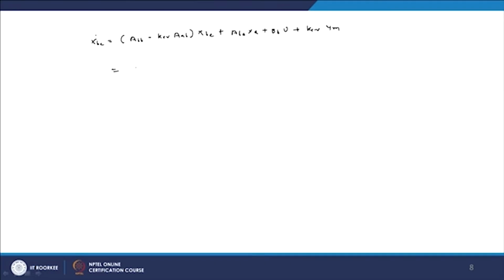That means this can be written as ABB minus KER AB into XBE, ABA into XA, BB into U, and this KER, this YM is XA dot minus AAA XA minus BA into U.